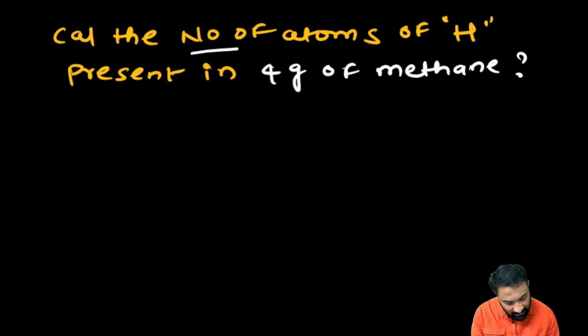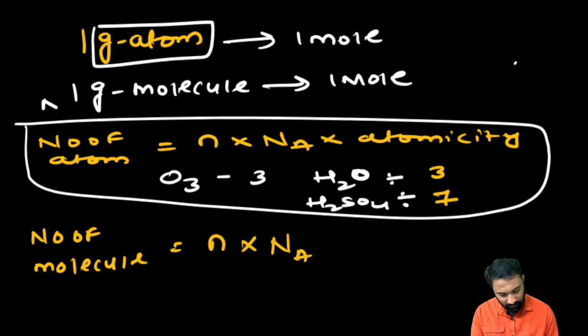Now he is asking the number of atoms. So the number of atoms means we have to use this formula: N into Avogadro number into atomicity.